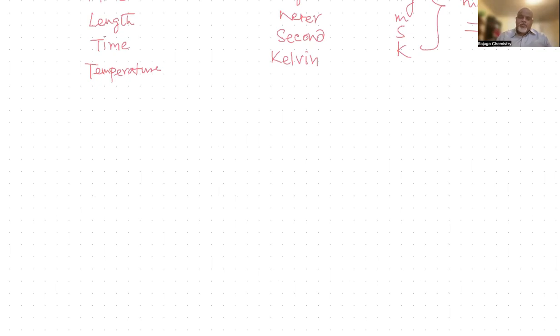The most important thing is the conversions. Everything goes in terms of multiples of 1000. It's very easy to remember: all multiples of 10 to the power of 3, or 1000.